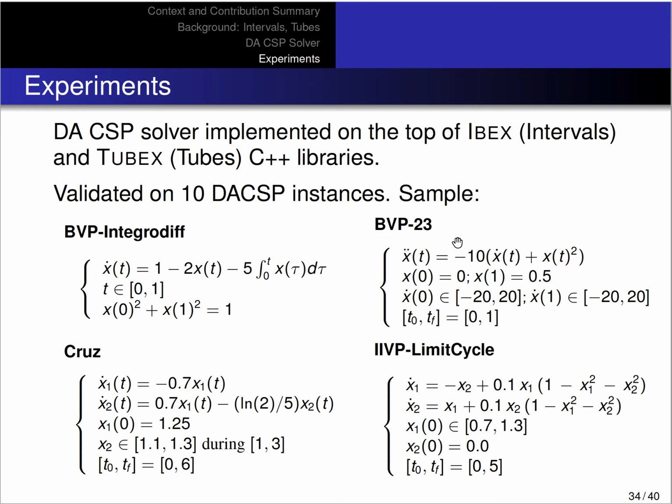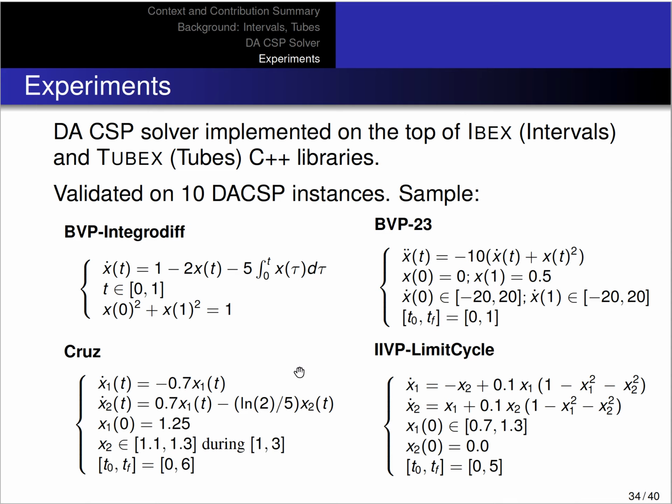Another BVP with a nonlinear second-order ODE, it's transformed as usual into a two-dimensional first-order ODE by introducing an auxiliary variable for x dot. It's a BVP because no initial or final condition is known for x dot, and instead x is known at time 1.